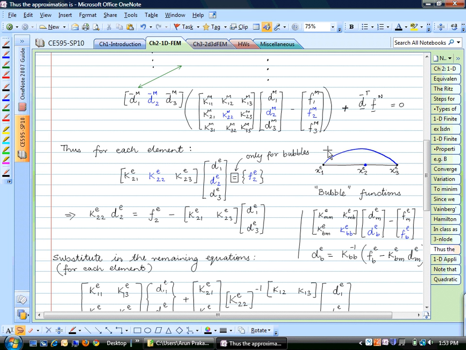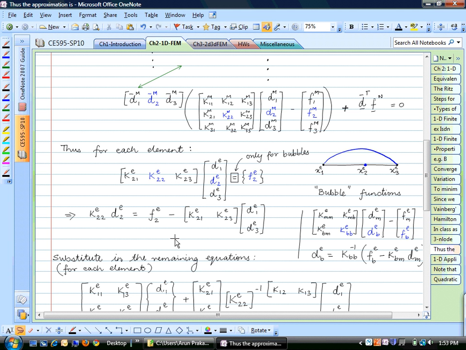Okay, so how many of you have heard actually of the static condensation before? Okay, so this is the same sort of concept. So what we are saying is that we are going to write this equation out in this form. So all I'm doing is taking this middle stiffness term times this, which is on the left hand side. On the right hand side I have Fe2 and minus this plus this multiplied by this.